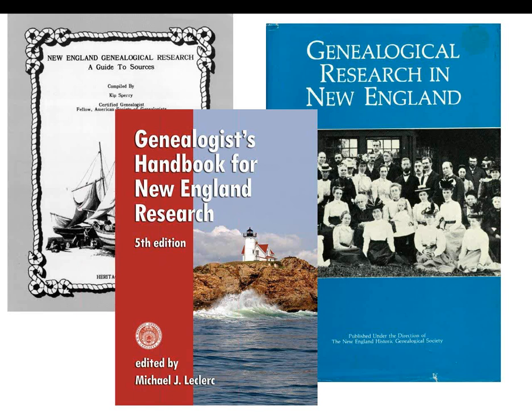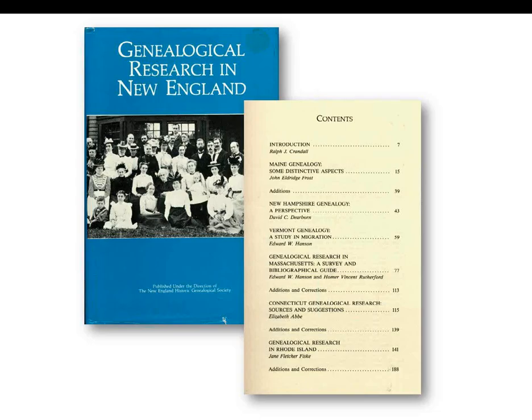Some of these include things like the New England Genealogical Research, a guide to sources by Kip Sperry, our current edition of the Genealogist Handbook for New England Research, which is in its 5th edition, and then one of my favorites, Genealogical Research in New England. So we're going to take a look at a couple of these so that you can kind of get a sense of why I think these are important.